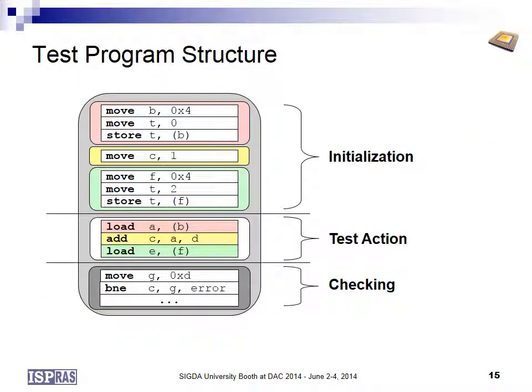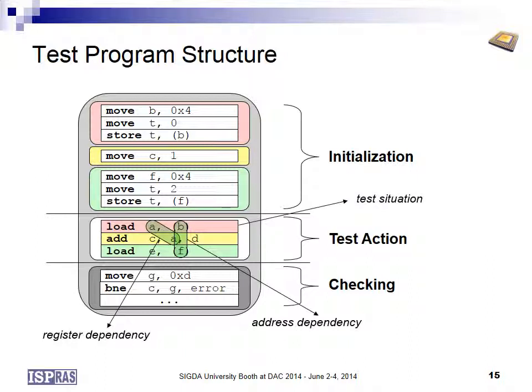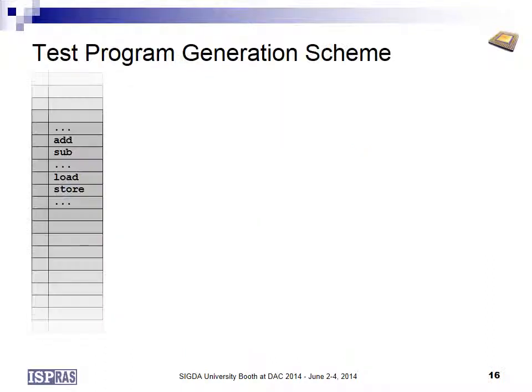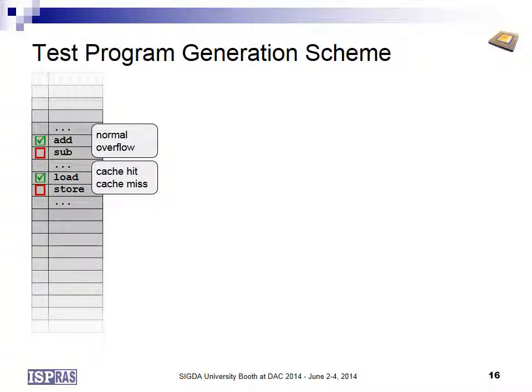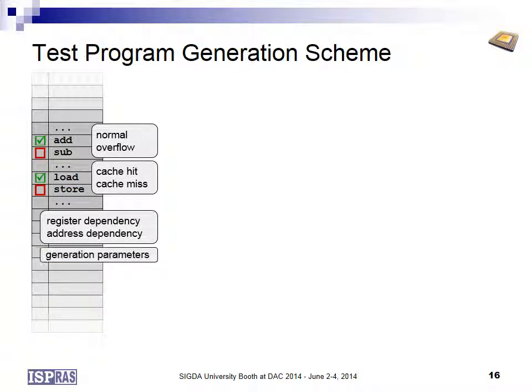Each test program consists of three main parts: initialization, test action, and checking. There might be dependencies between registers and addresses. Each test action covers one test situation for a defined number of instructions. Test program generation scheme includes selection of interesting operations, of test situations, of dependencies, of some parameters.